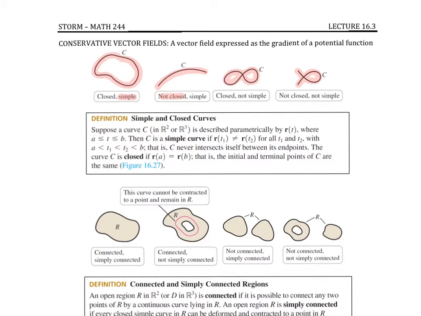For most of our discussion, we want the first example. We want to concern ourselves with closed and simple curves. Once in a while, we'll use a third example where it's closed and not simple, which is okay, but mostly closed, simple curves.